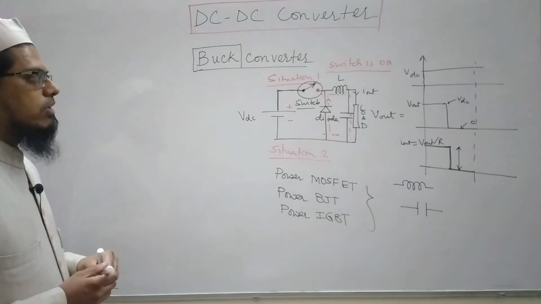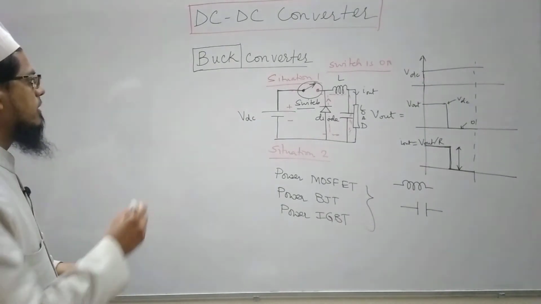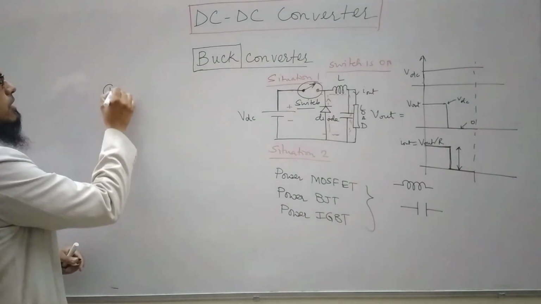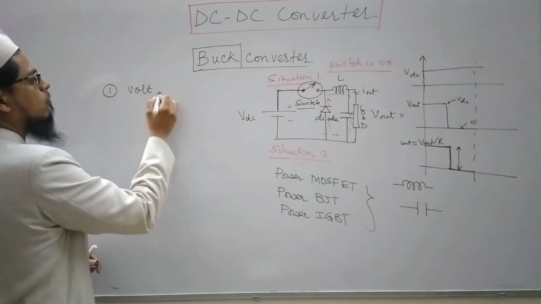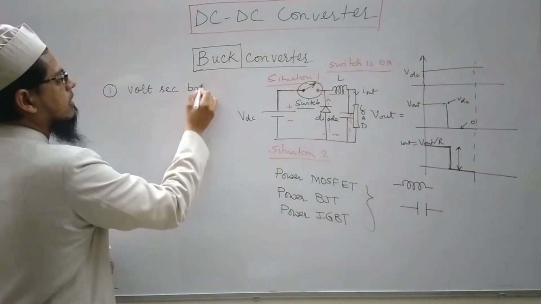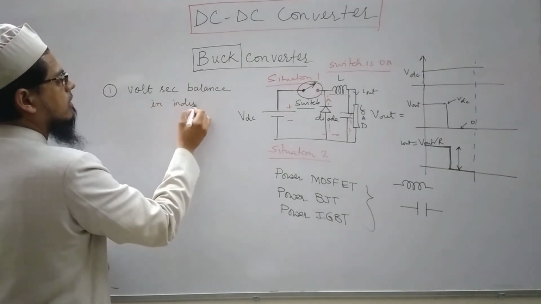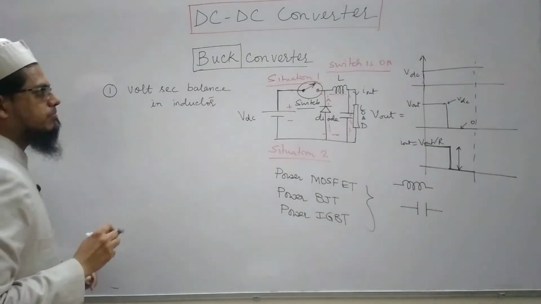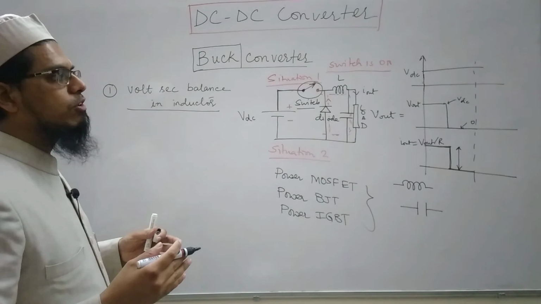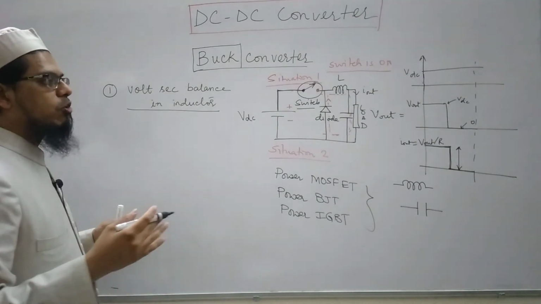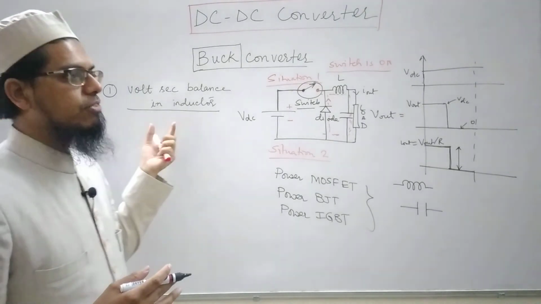In order to find the relation between input and output, we would be using the concept of volt second balance in an inductor. This is one method of finding a relation between input and output, and you will see that it is quite a useful way of analyzing a circuit.